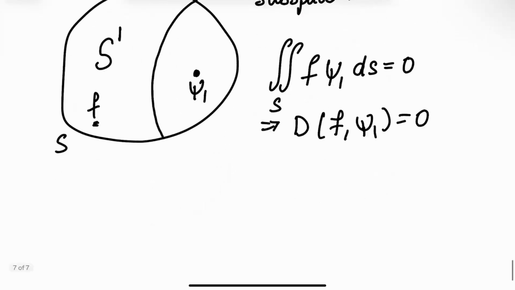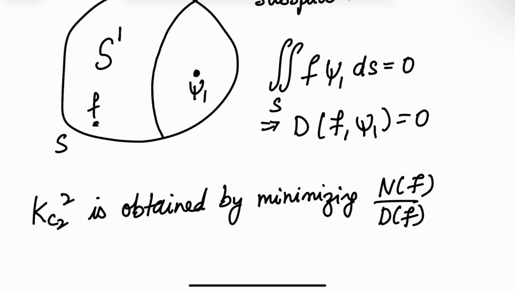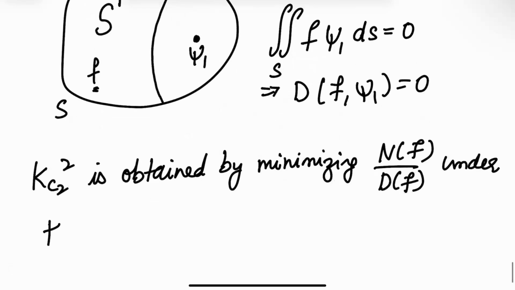Okay. So Kc2 square is obtained by minimizing n of f over d of f under this constraint.